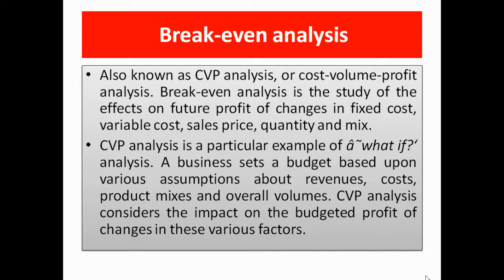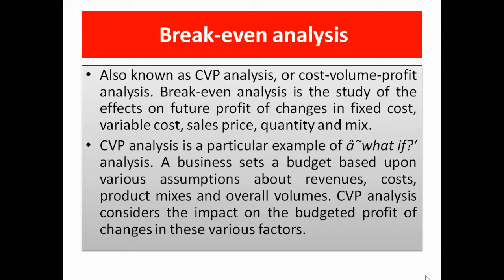Okay, so we're just discussing the ordinary break-even analysis. We said it's also called the cost volume profit analysis, and we're analyzing the effects on future profit of changes in fixed cost, variable cost, selling price, and the quantity. Really what we need to know here is how to calculate the break-even point both in units and in dollars.